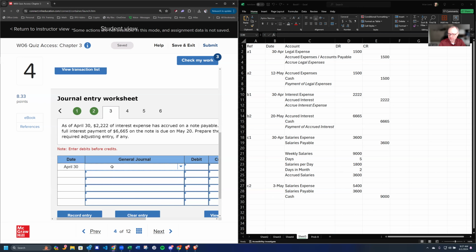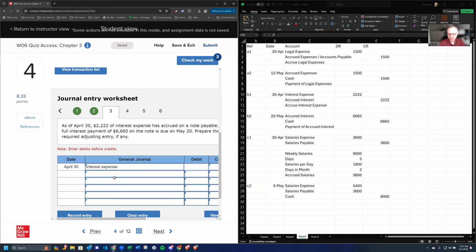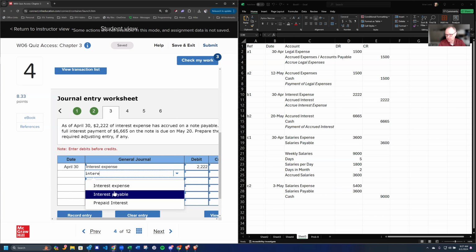The next one is going to be interest expense for 2,222, and accrued interest payable.